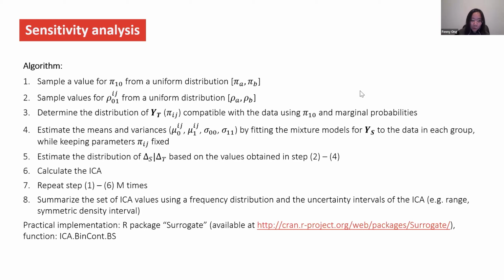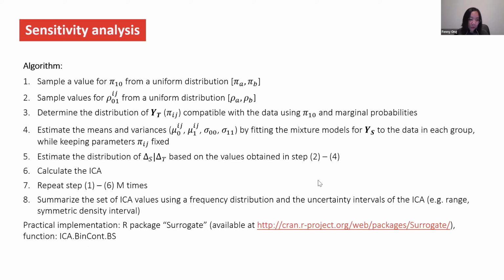And then after all parameters are identified, we can calculate the ICA, and we repeat these steps as many times as possible until we obtain a set of ICA values which is compatible with our data.